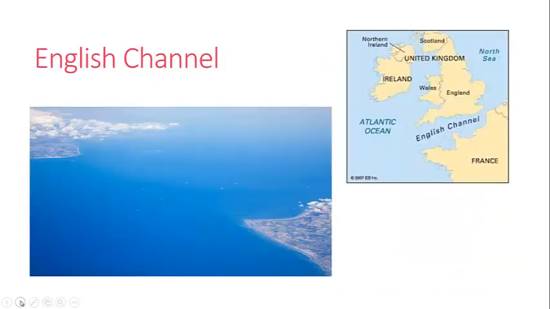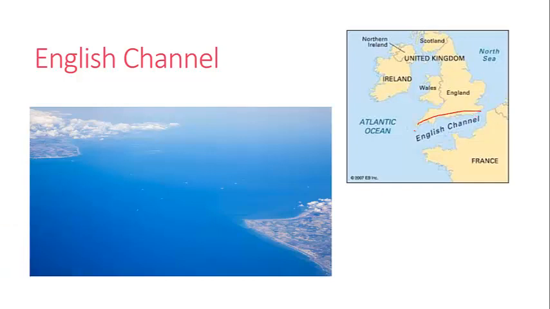We're moving on to our physical features. So we just located all of our countries. Now, right between our countries and amidst our countries are some really awesome physical features that change the way that people live. So the first one that we're going to look at is the English Channel.